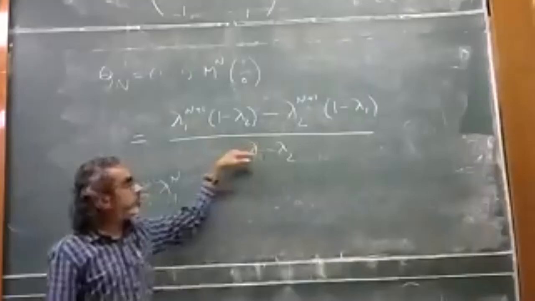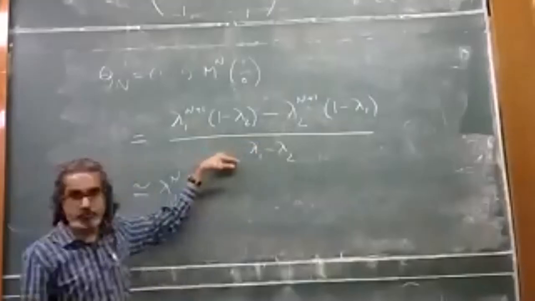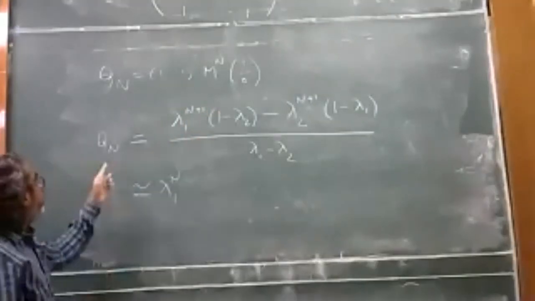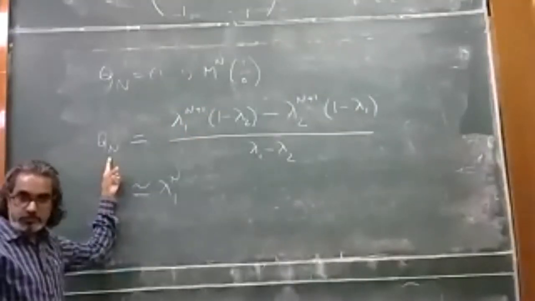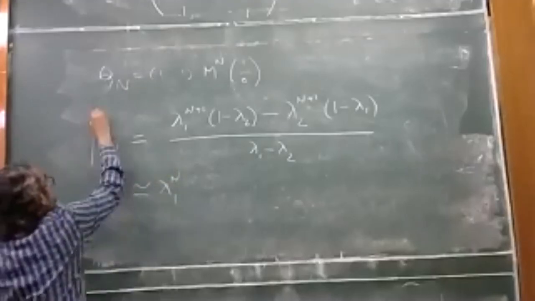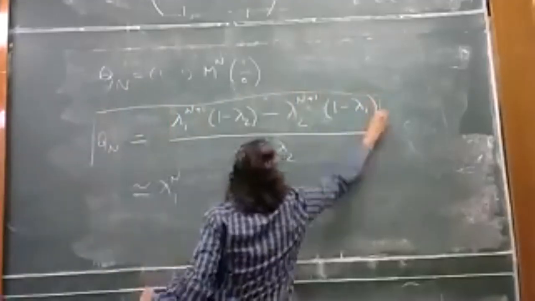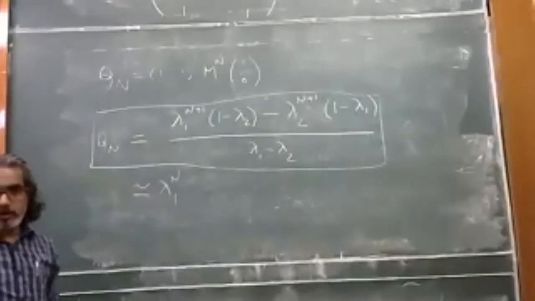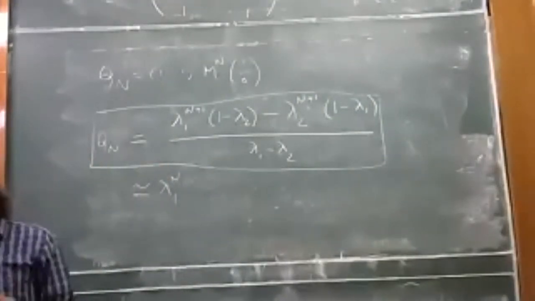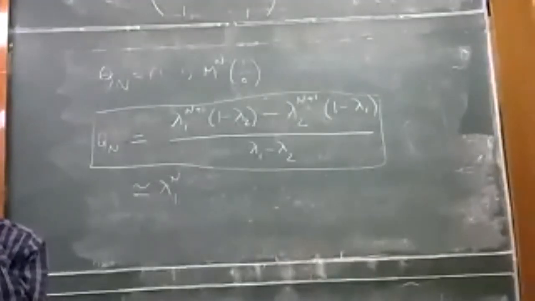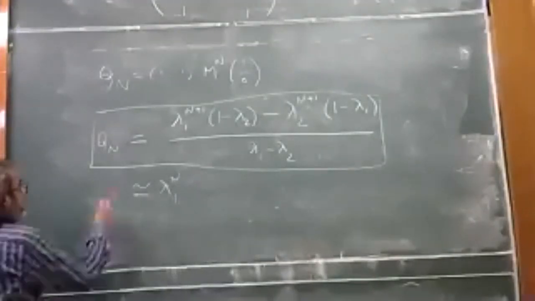If you know the eigenvalues lambda 1 and lambda 2, you can get the partition function for any n segments. So after taking out all the matrix algebra, this becomes even more simplified.